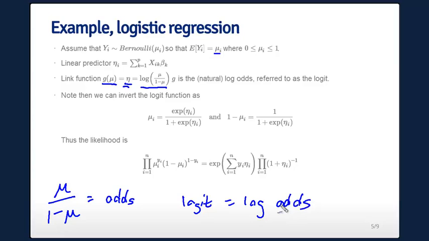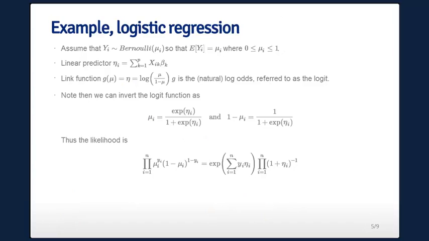It's a particularly nice function. We can invert the logit, the so-called inverse logit. If eta equals log of mu over 1 minus mu, then if we invert it, here I added the i, we get this expression that mu is e to the eta i over 1 plus e to the eta i.